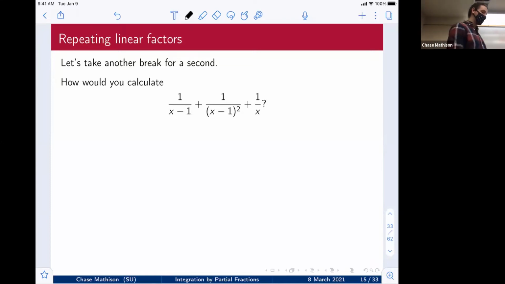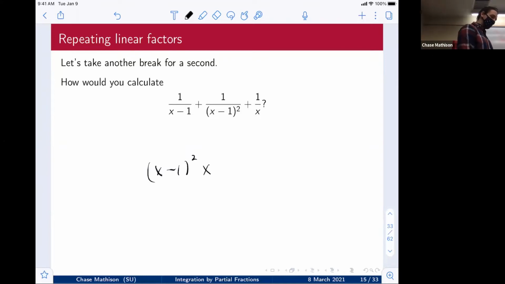And what would that common denominator be? Exactly, x minus 1 squared times x. If I were to multiply everything together, it would look like maybe x minus 1 cubed times x. And that is a common denominator, but it's not the most efficient choice. Okay. So I would get this common denominator of x minus 1 squared times x.